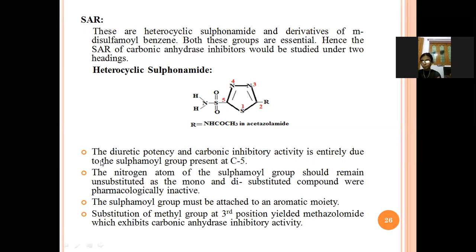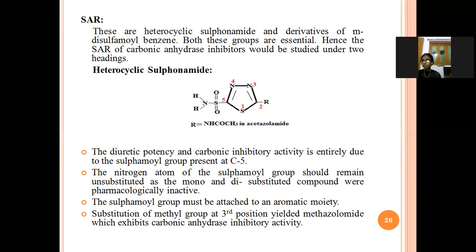The diuretic potency and the carbonic anhydrase inhibitory activity mainly depend upon the sulfonyl group present at the fifth position. So it plays an important role in the diuretic activity. Next, the nitrogen atom in the sulfonamide group should be unsubstituted.